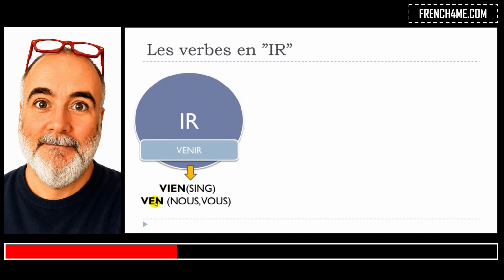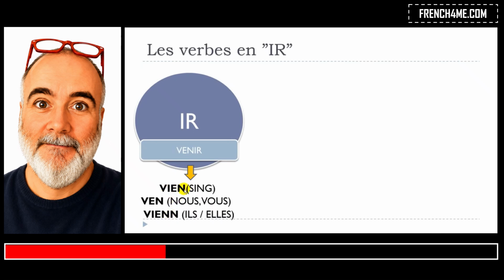And last but not least, we'll have a third stem or root for il, elle at the plural form, and it will be viennent. And this is the tricky thing with venir, and we'll see the other verbs that will be conjugated like it.